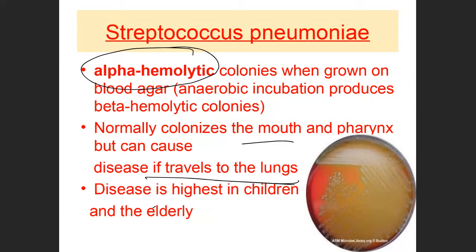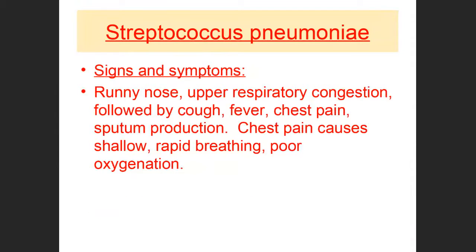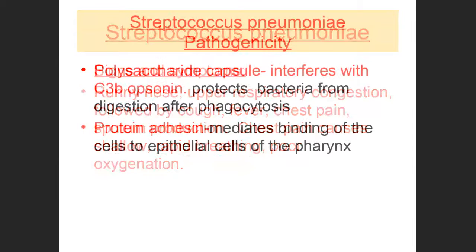The diseases are more prevalent in children and the elderly. Symptoms of pneumonia start out as a cold, runny nose, upper respiratory congestion, cough, fever, chest pain, which may progress to hypoxia, shallow breathing, dyspnea, accelerated respiratory rate.